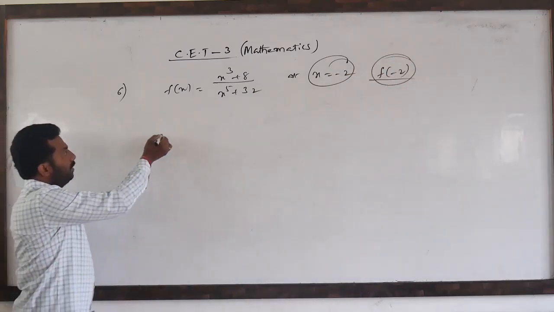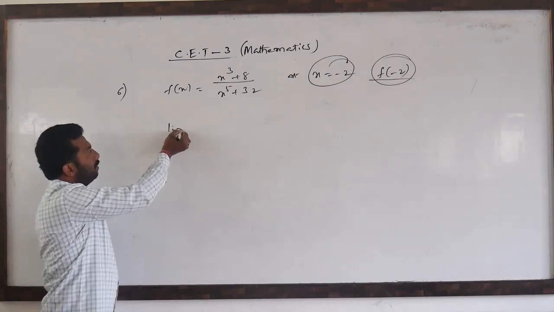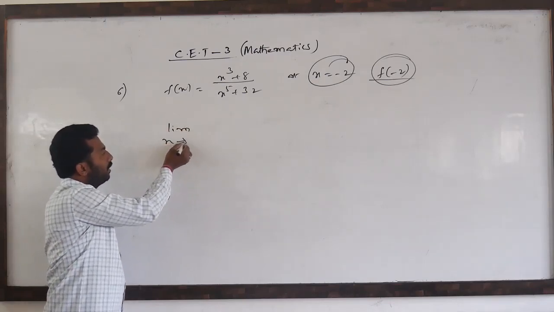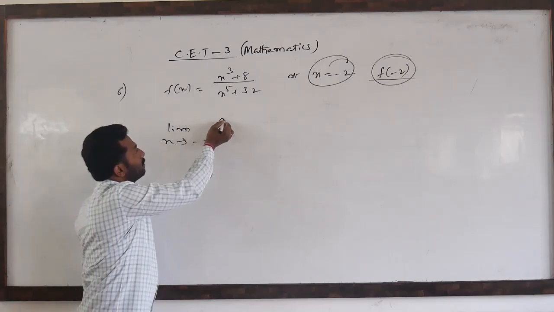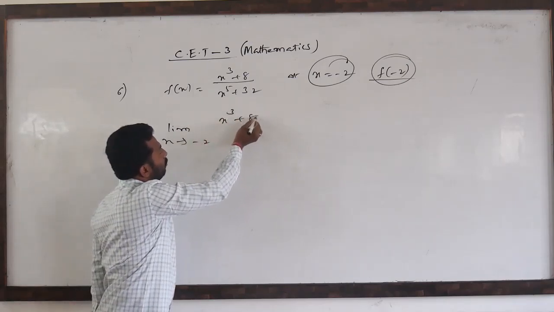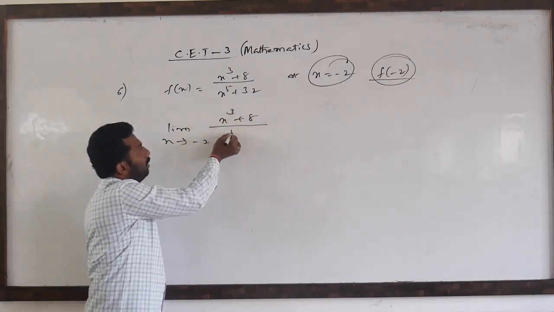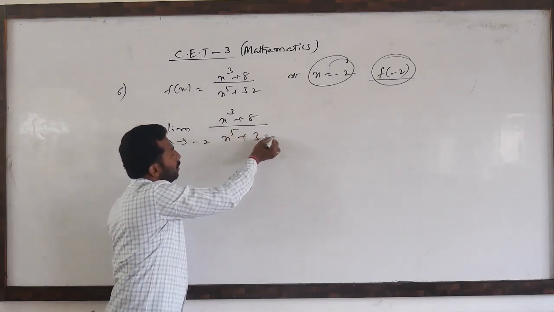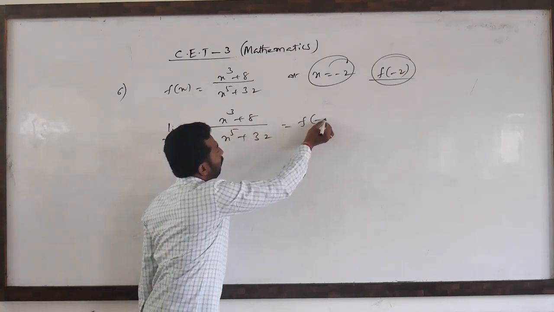If this function is continuous, then the limit as x tends to minus 2 of f of x, which is (x cube plus 8) divided by (x to the power 5 plus 32), equals f of minus 2.